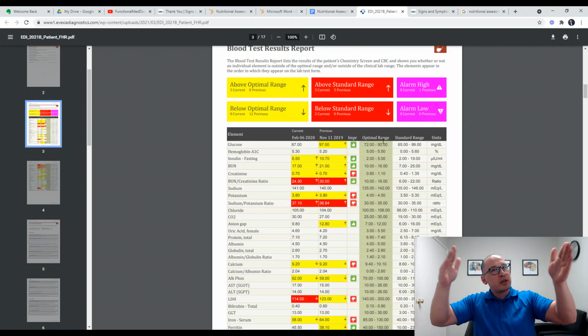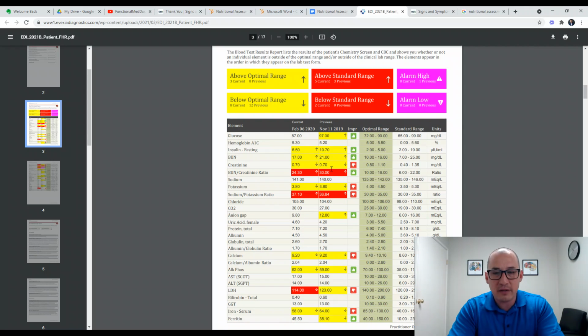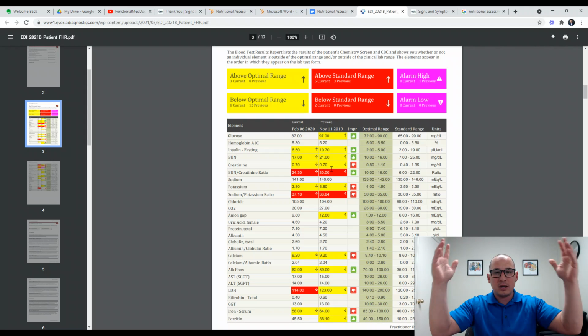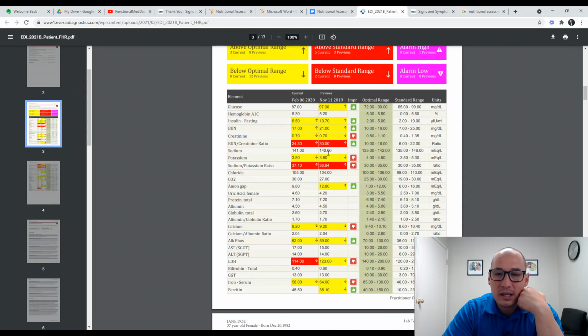Let's not wait for it to go way off the ends and become a pathology, a disease, a new diagnosis before you do something about it, okay? So everything outside of functional doesn't mean it's outside of medical ranges, doesn't mean you're going to get a new diagnosis, just means it's not functionally the best. It could be optimized. And everything outside of optimal, as you can see here, is going to be yellow.